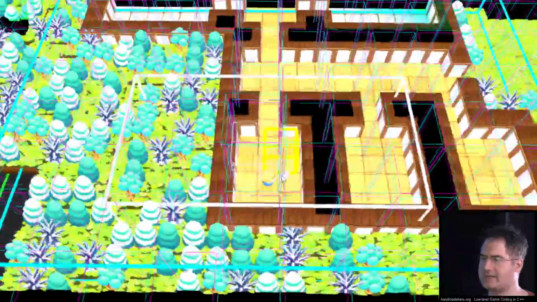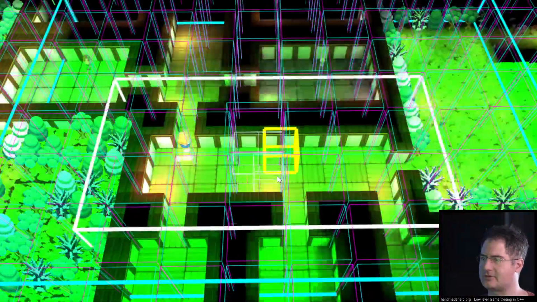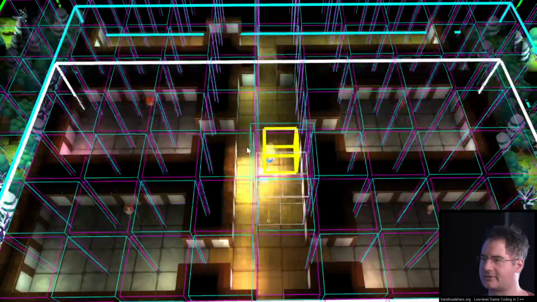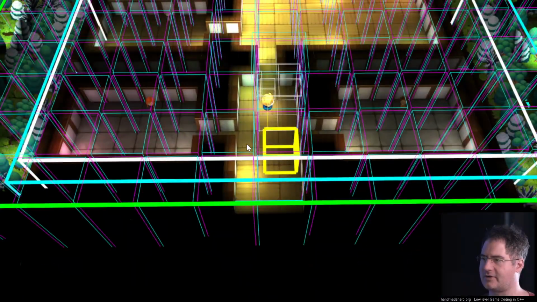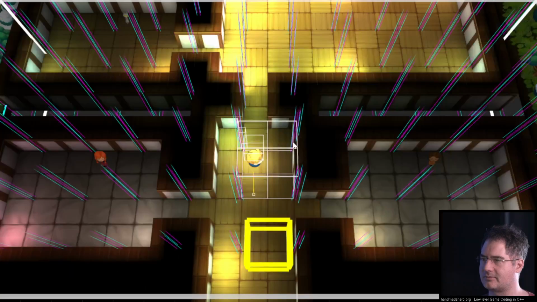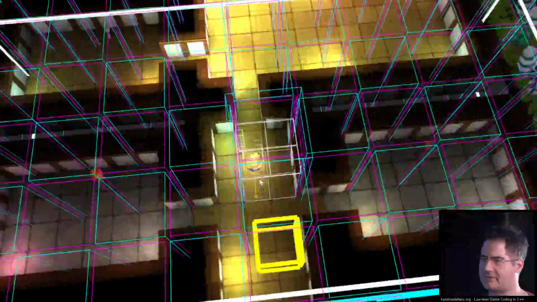It's too bad because we're really close to good. It's too bad about this because it's very close to being a really good lighting, actually. But we're obviously just sampling really weirdly.